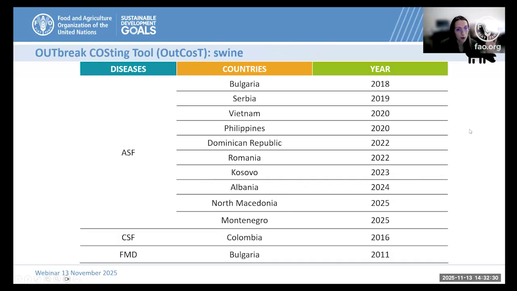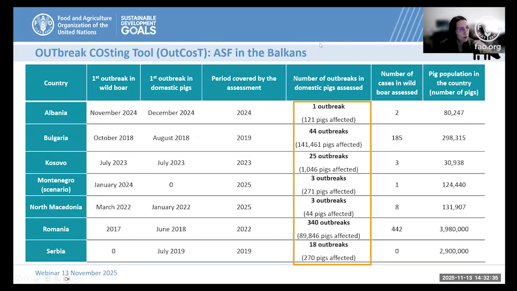For this specific presentation, I'm going to talk about the African swine fever cases in the Balkans, more specifically in these countries here: Albania, Bulgaria, Kosovo, Montenegro, North Macedonia, Romania, and Serbia.